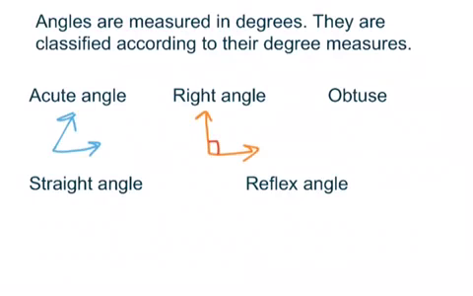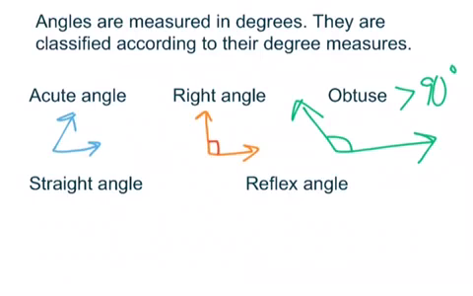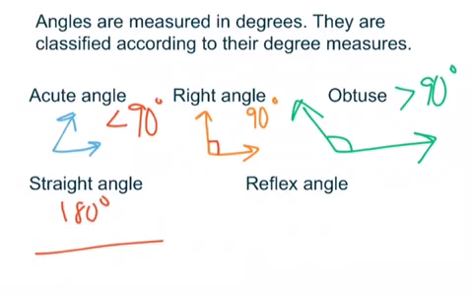An obtuse angle is an angle that is larger than 90 degrees. This one is going to be 90 degrees. An acute angle is less than 90 degrees. A straight angle has a degree of 180. It looks like this.